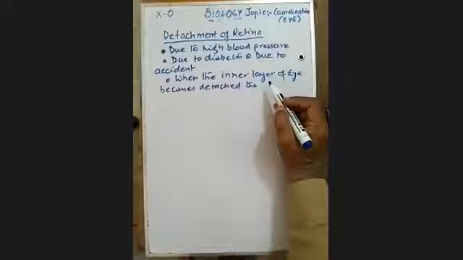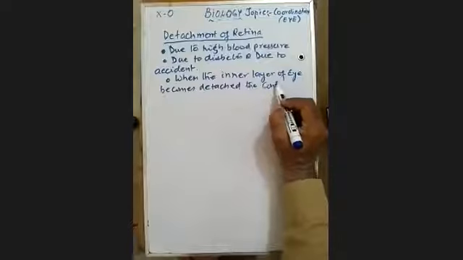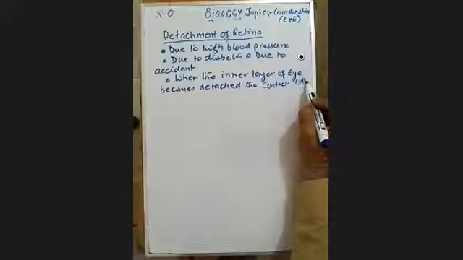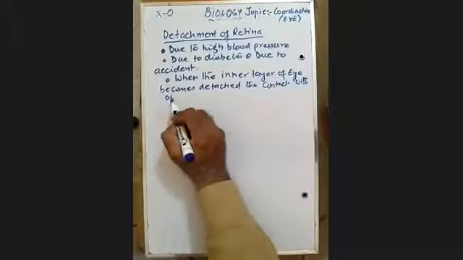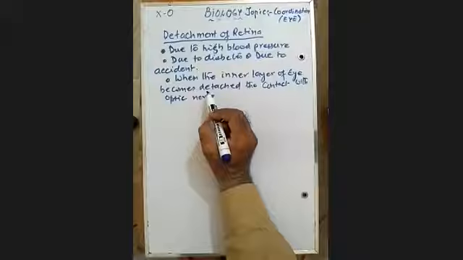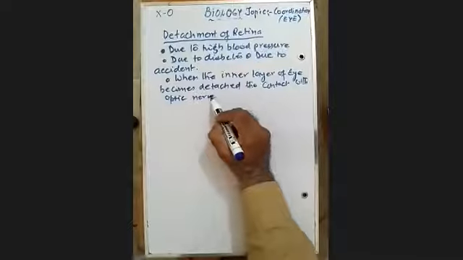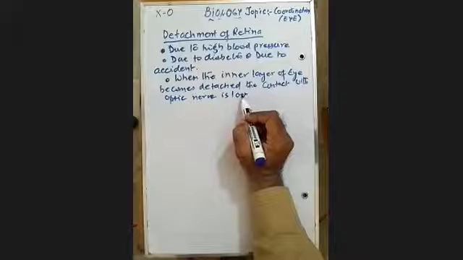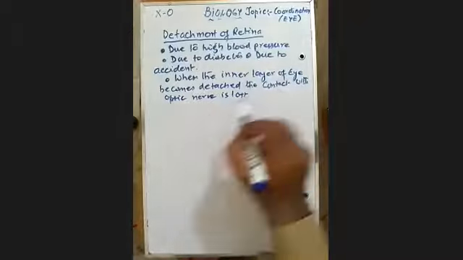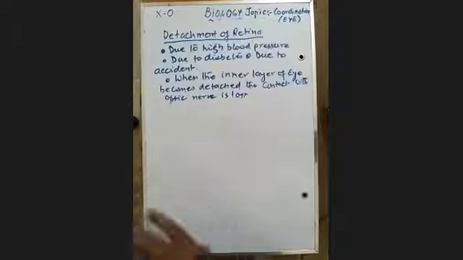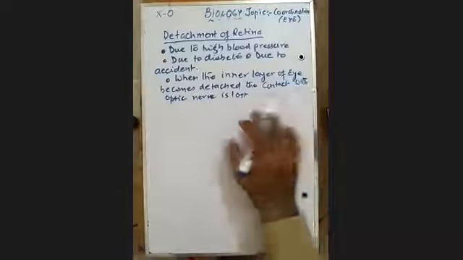The contact with the optic nerve is lost. Is it clear? When the inner layer of the eye, that is the retina, detaches, the contact with the optic nerve is lost.